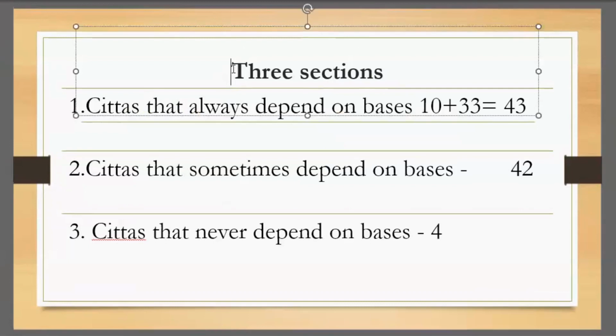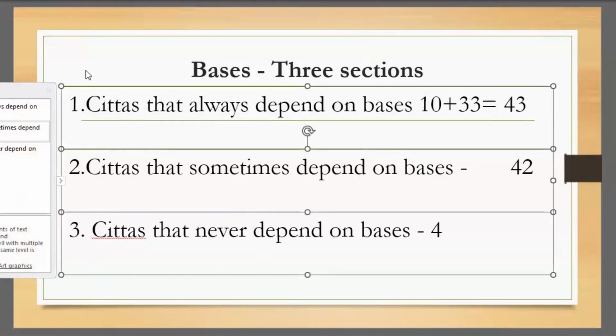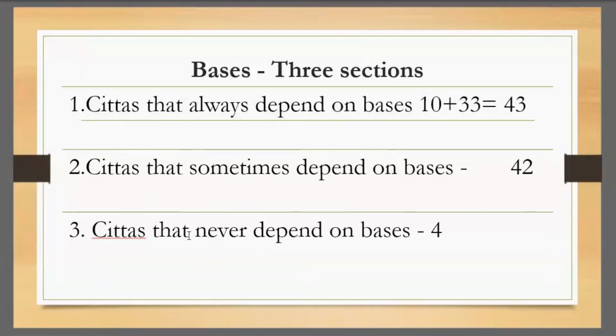Here there are 3 sections, so we have to pay attention to the bases. We have to pay attention to 3 sections in bases. What are they? Chittas that always depend on bases. Then Chittas that sometimes depend on bases.